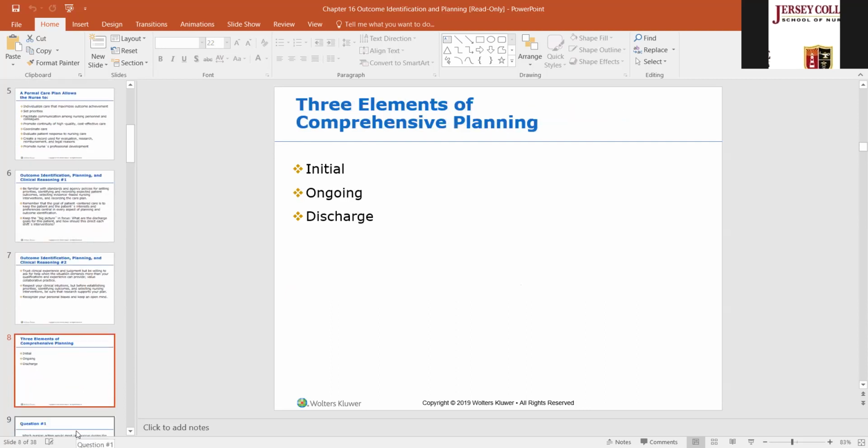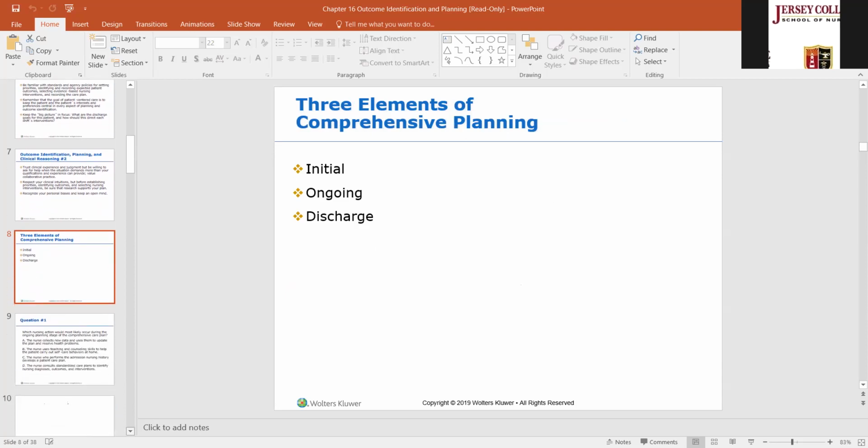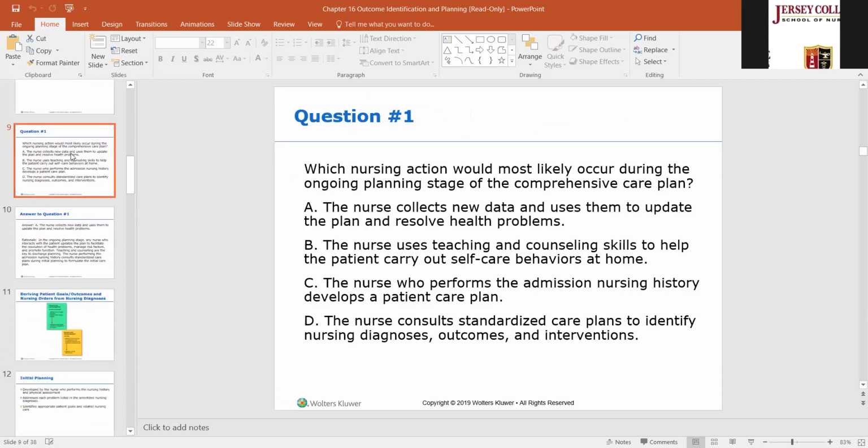Three elements, okay, of comprehensive planning: the initial planning, the ongoing planning, and the discharge planning. Which nursing action would most likely occur in the ongoing planning stage?